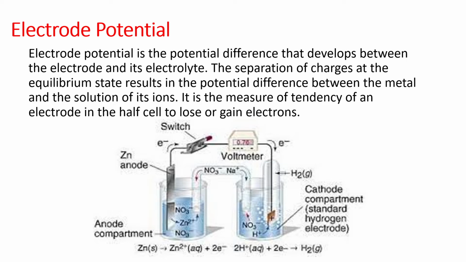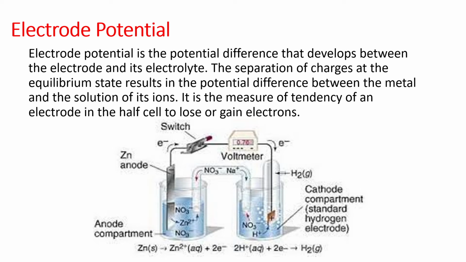It is a measure of the tendency of the electrode in the half cell to lose or gain electrons. This means that it is the potential difference that develops between the electrode and the electrolyte.